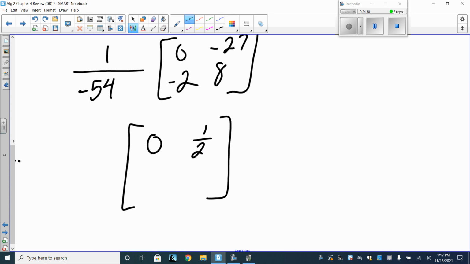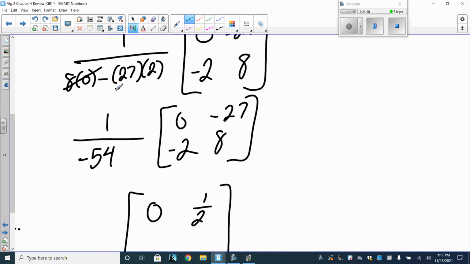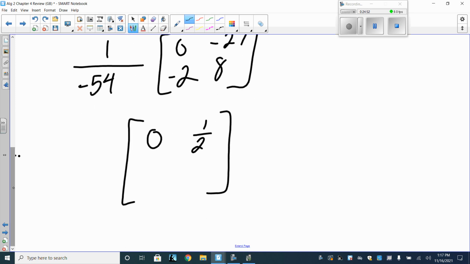Well, how did we get 54? 27 and 2, yes? Well, 27 and 27 are a factor, yes? So what's the only thing left? And it's in the bottom of the fraction. So it's 1/2. When you do negative 54 times negative 2, well, the negative and negative would make a positive.